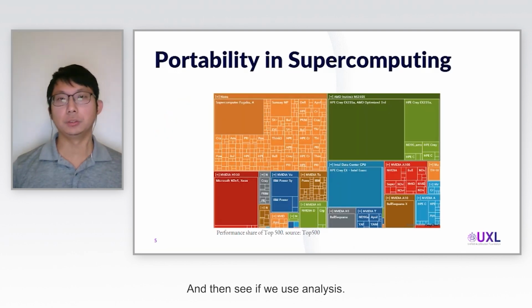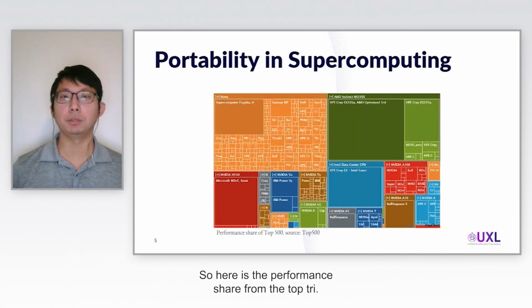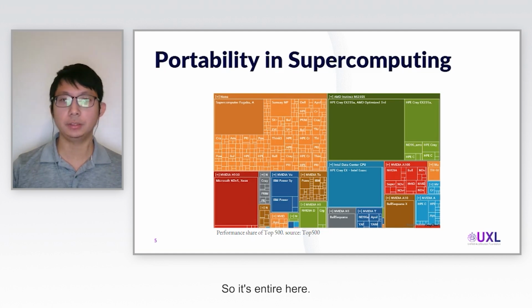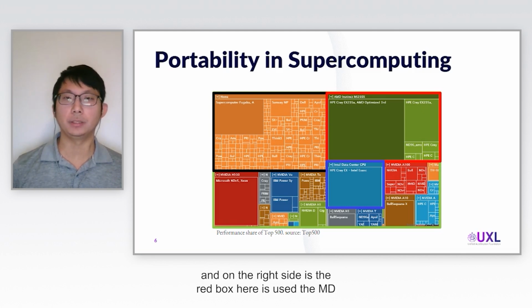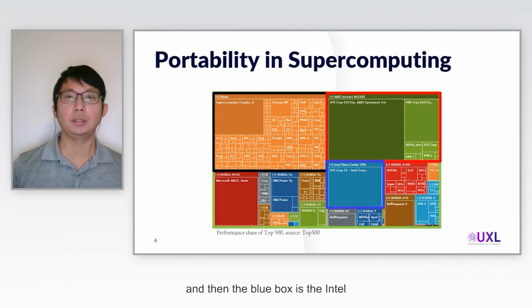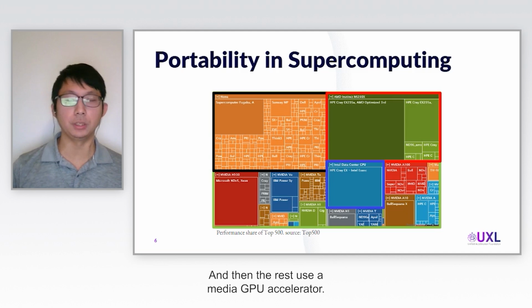Here is another example, the performance share from the TOP500. The black box is CPU only, on the right side the red box uses AMD as the accelerator, the blue box uses Intel GPU as the accelerator, and the rest use NVIDIA GPU.